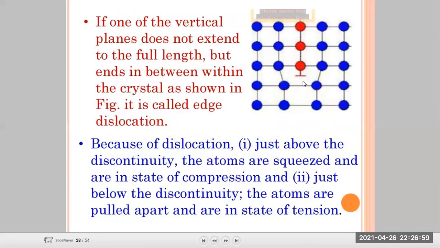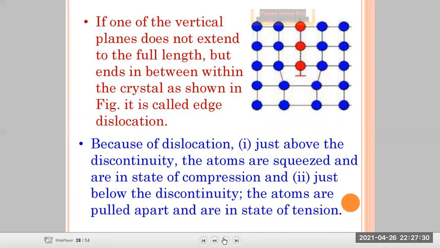Now, if one of the vertical planes does not extend to the full length, you can see this vertical plane is not extending downward at this particular point, and we say it is called edge dislocation. Because of this dislocation, there is a discontinuity in the atomic arrangement, and we say that it is a type of impurity.